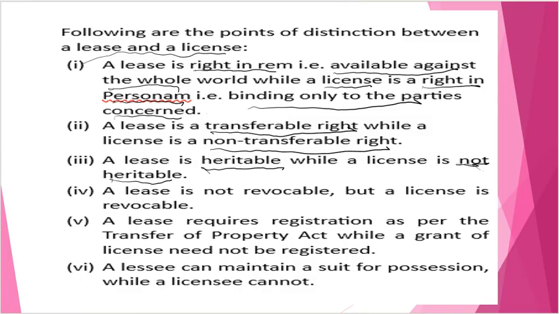A lease is not revocable, but a license is revocable. A lease requires registration as per the Transfer of Property Act, while a grant of license need not be registered. A lessee can maintain a suit for possession while a licensee cannot.